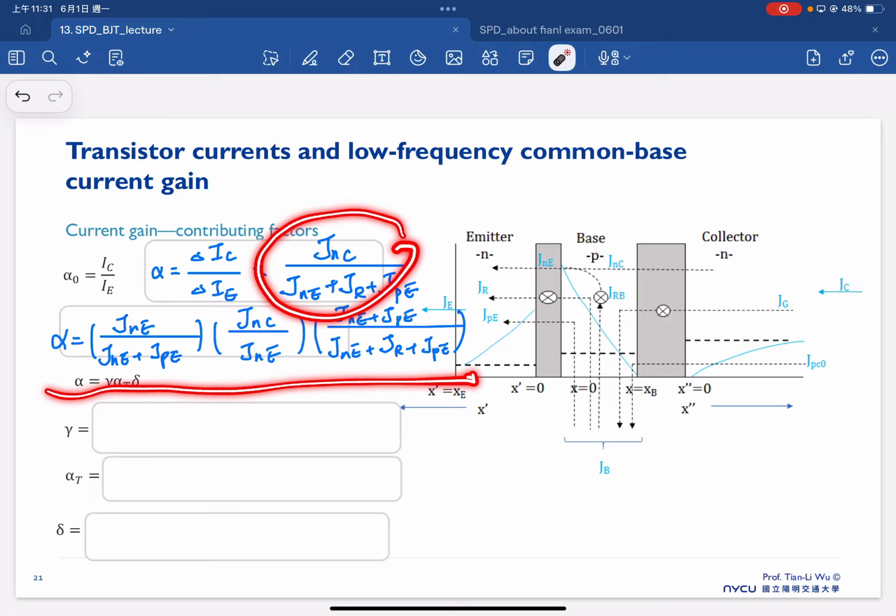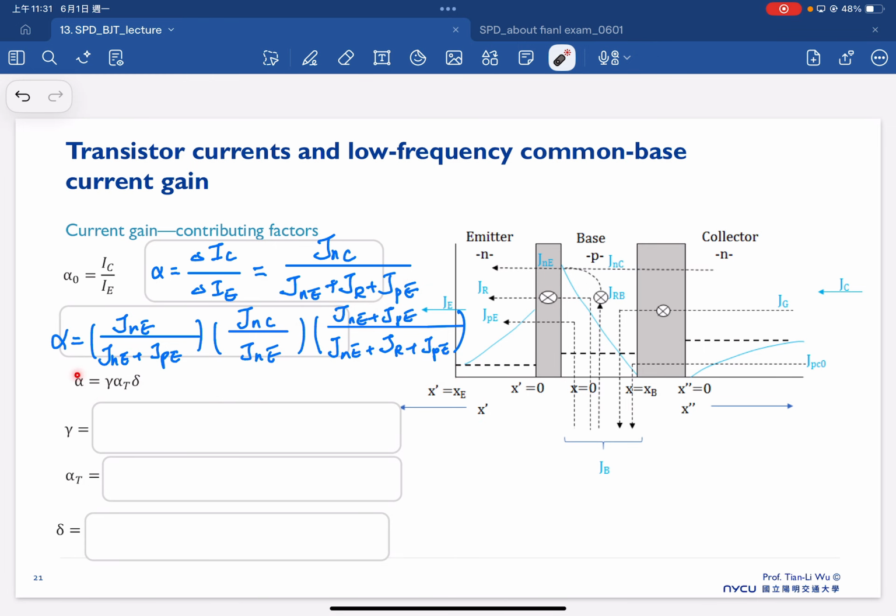So we divide this as here. But first of all, let's look at how we can do this. This is just a mathematical trick, because if you look at this equation in detail, then this and this will be removed, and this and this will be removed, right? So this equation is basically the same as above.